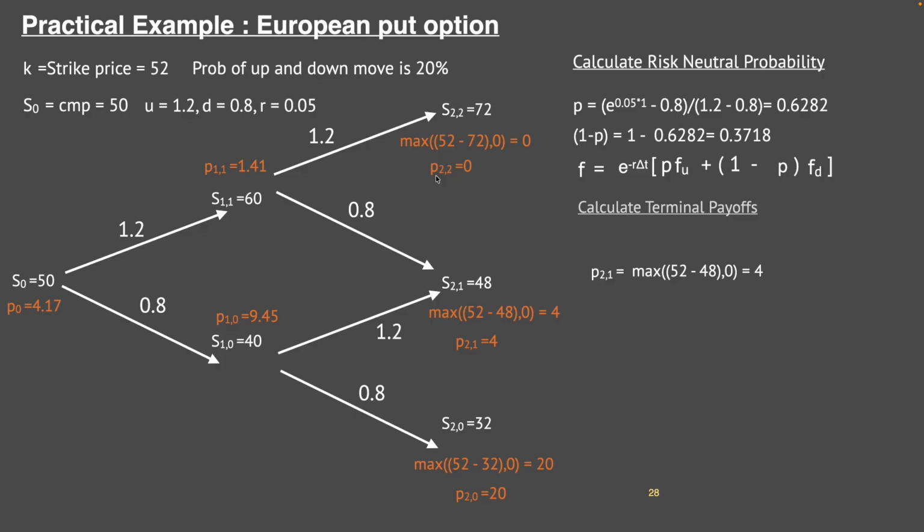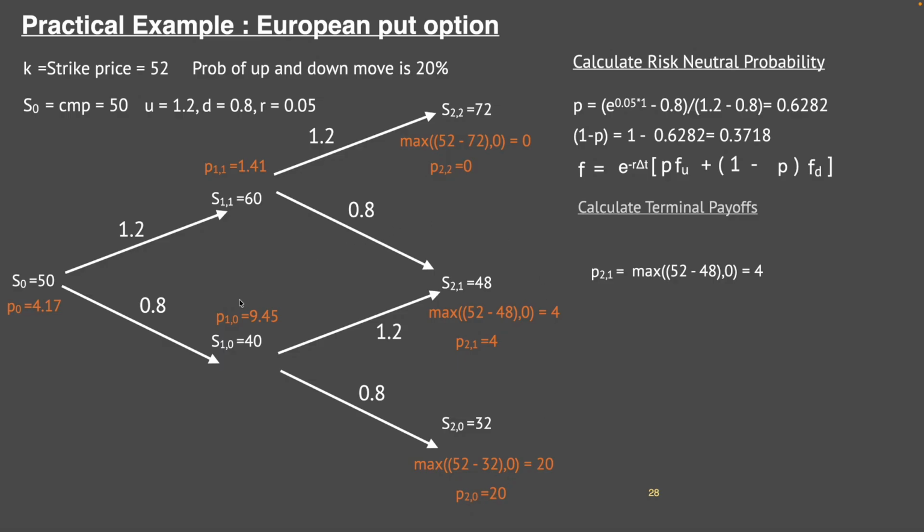You can take it as P22 or F22, F21. I have considered the notation as P, you can take it as F also. Now S20 is equal to 32, so the max of this will be 20. So P20 or F20 will be equal to 20.